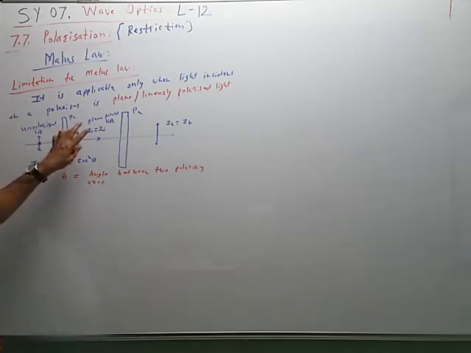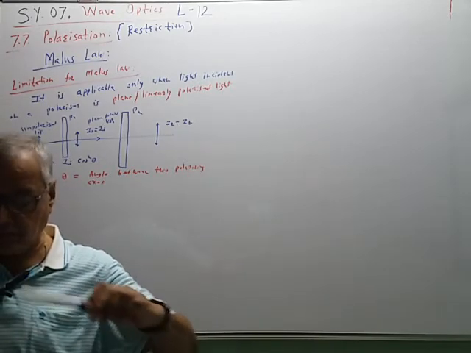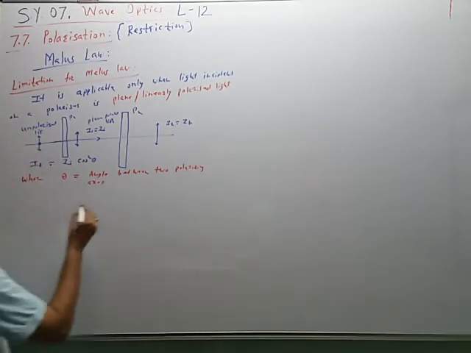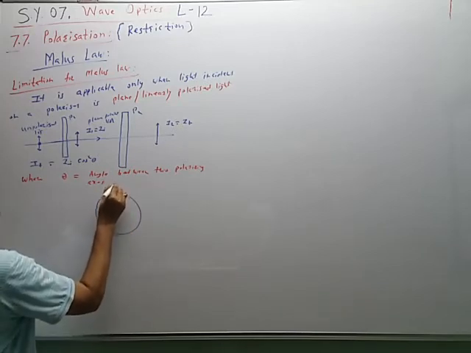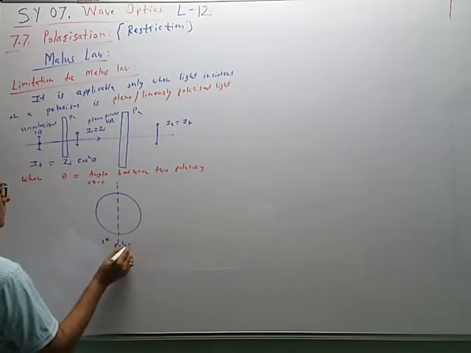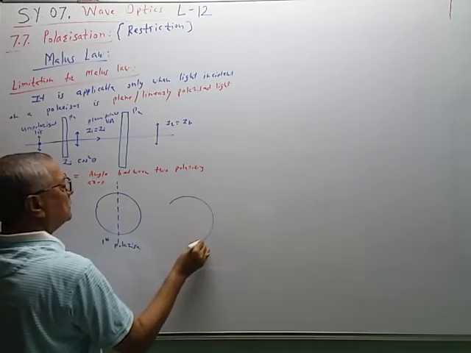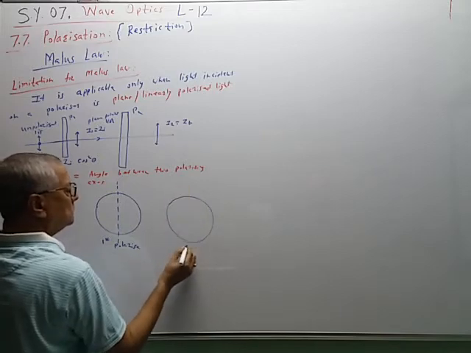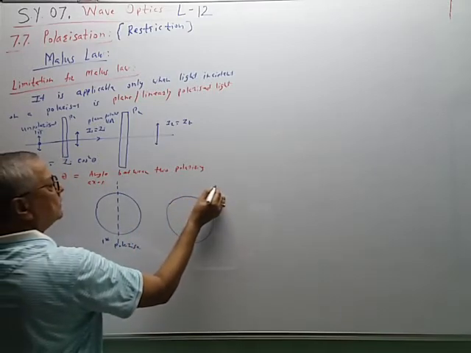So the same figure we can draw in another way like this. This is the first polarizer, this is the optical axis. This is the second polarizer, and its polarizing axis is like this.